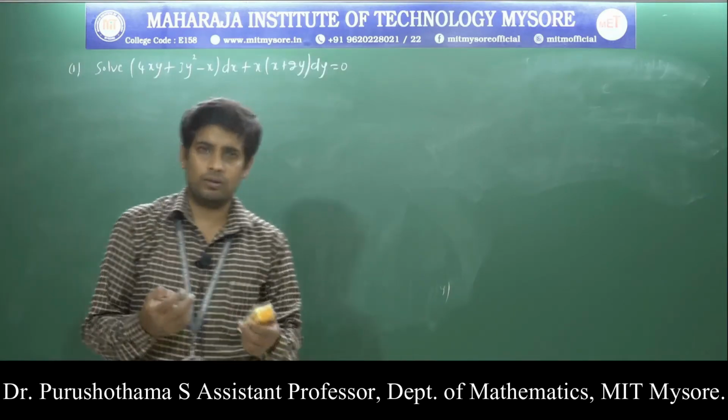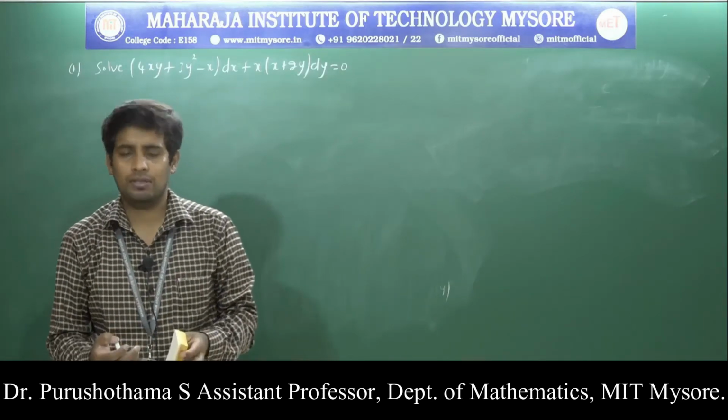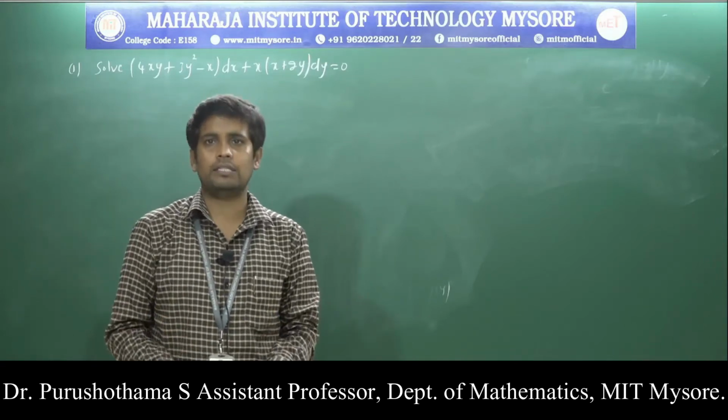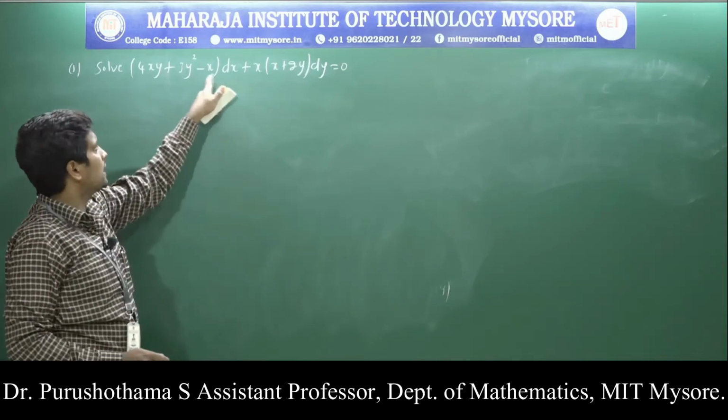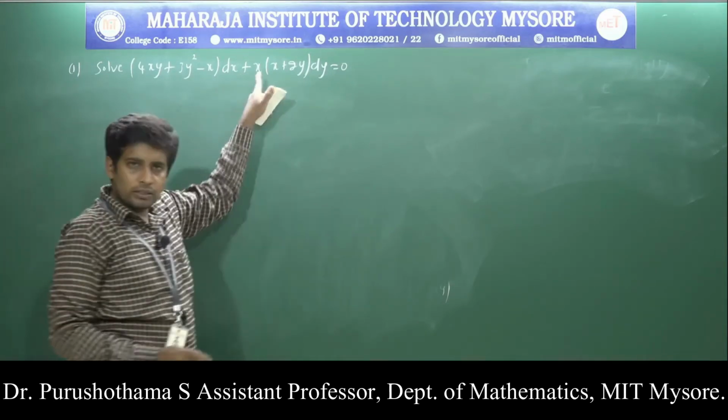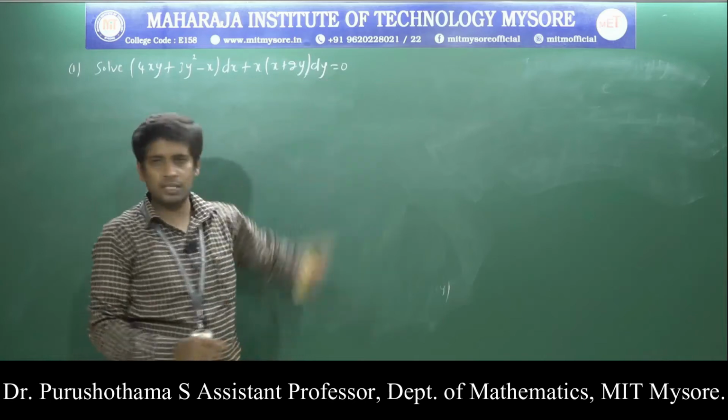Now I am going to solve problems on equations reducible to exact differential equation. The first question is: solve (4xy plus 3y square minus x) dx plus x(x plus 2y) dy equal to 0.